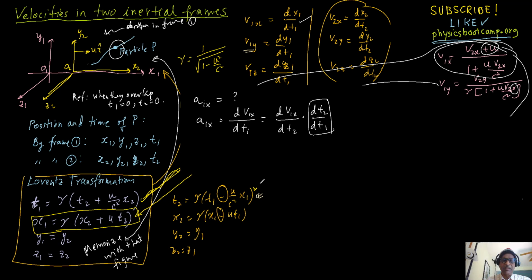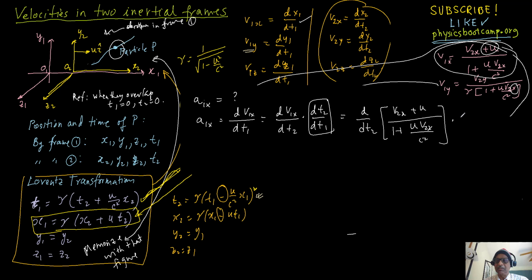So we just work it out here. And so we are going to have d over dt2 of v2x plus u over 1 plus u v2x over c squared. So everything is going to be in the second frame, so no problem there.